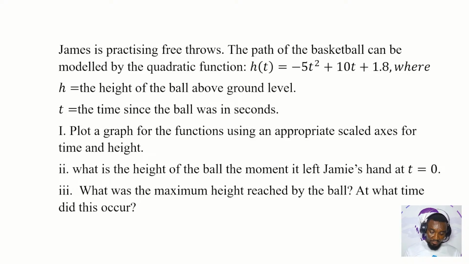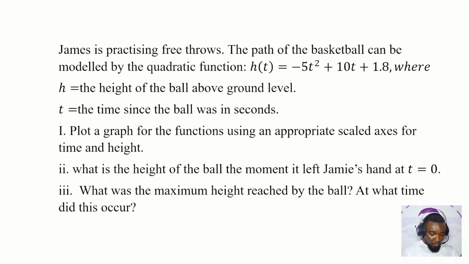So basically we are going to get a quadratic function. The quadratic function is height with respect to t, h of t, so it's modeled on time: h of t is equal to minus 5t squared plus 10t plus 1.8.